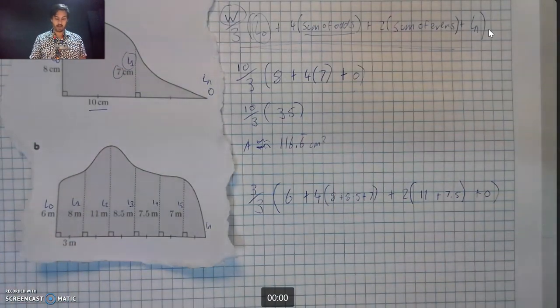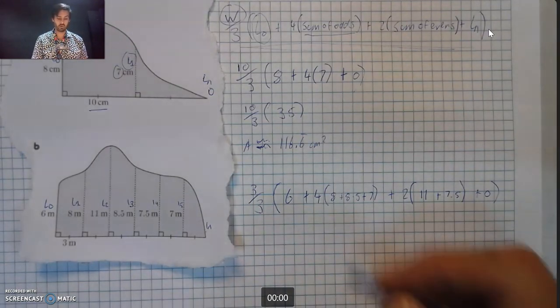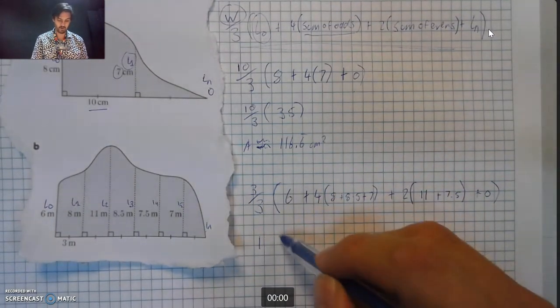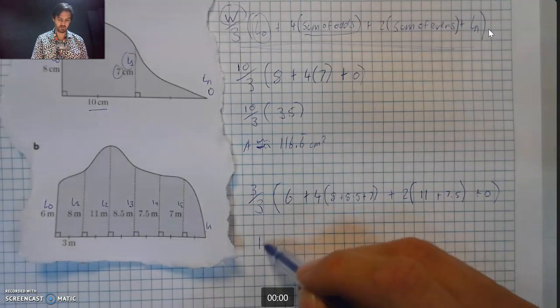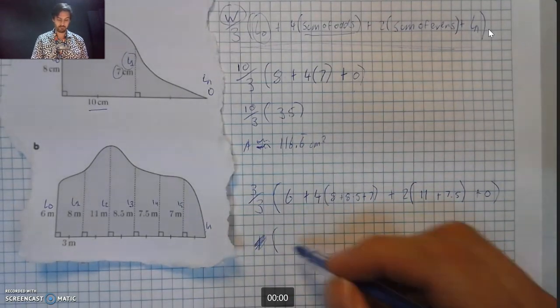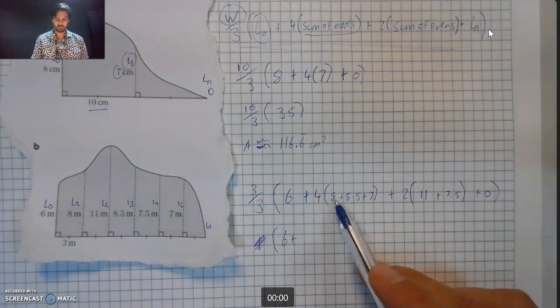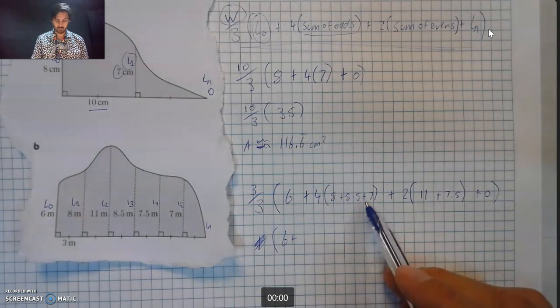All right, now you can, like I said, put that into your calculator. You need to make sure you put the brackets in the correct places and all that sort of stuff, or you can simplify. So 3 over 3 is just going to be 1. 1 times anything is just itself, so we don't even need the 1 there. So we've got 6 plus 4 times 16.5.